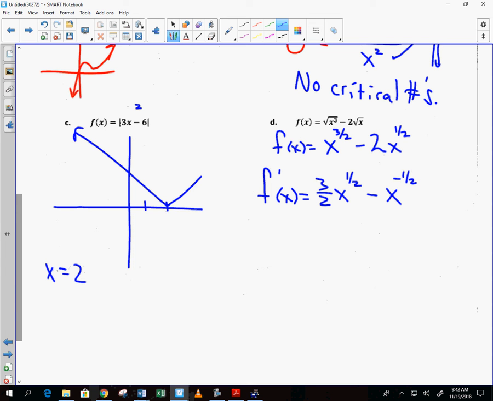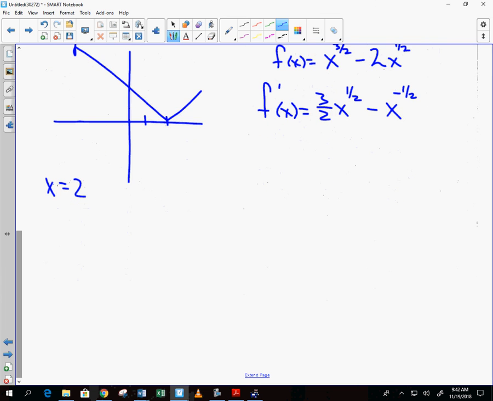Dump the 1 half in front. The 2 goes away. Okay with that? I'm going to choose to write it as radicals now that I've taken the derivative. F prime of x is equal to, looks like, 3 roots of x over 2 minus 1 over the root of x.